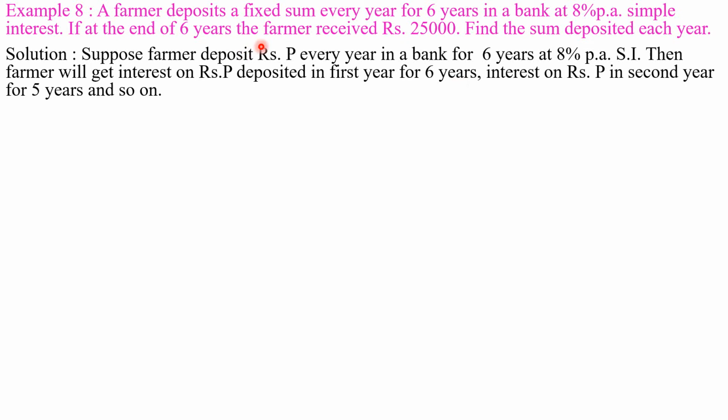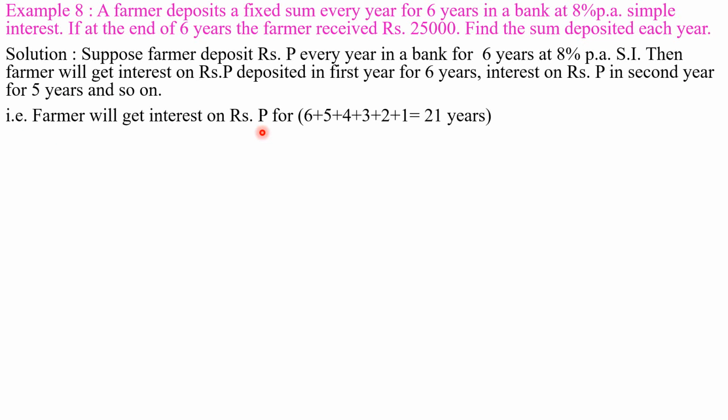In the second year, he gets interest on P for 5 years, and so on. So the farmer will get interest on rupees P for 6, 5, 4, 3, 2, 1 years.